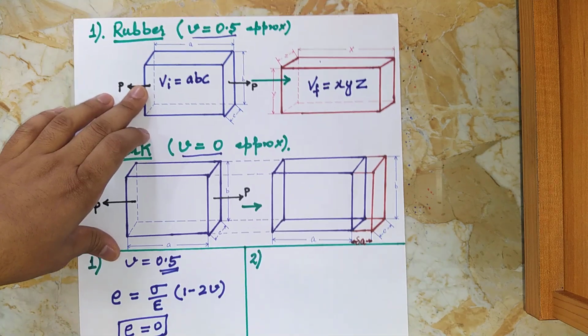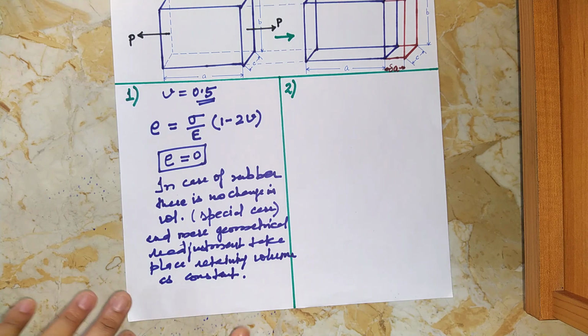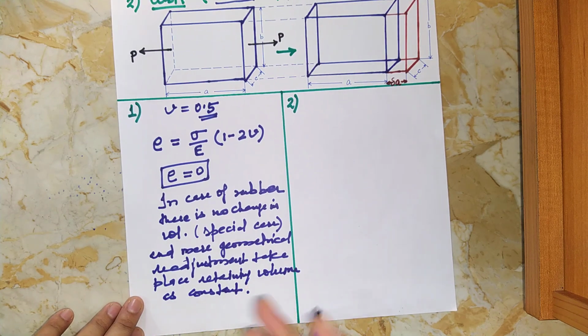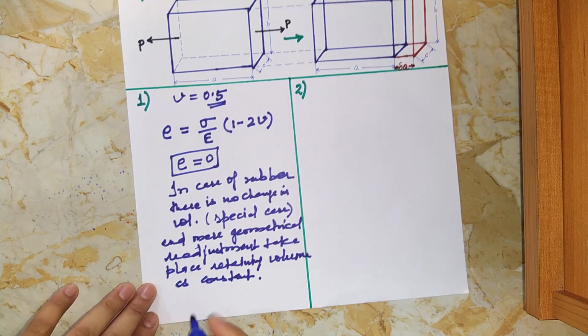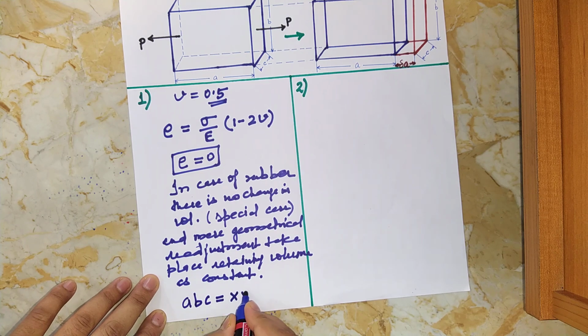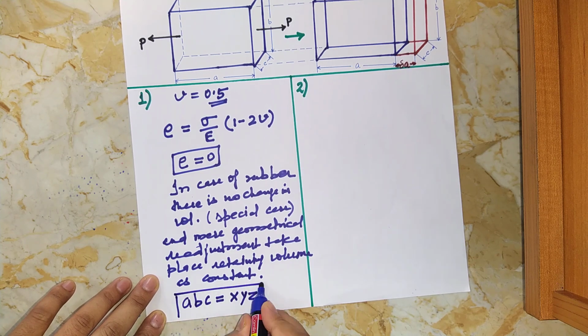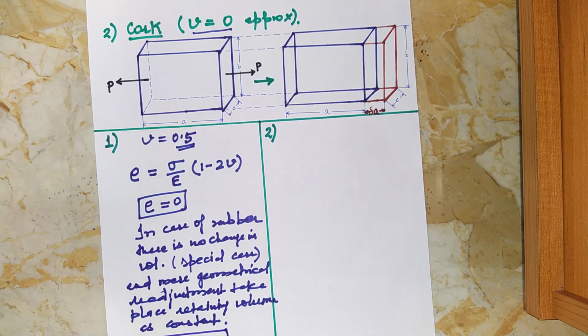So here in case of rubber, as we have studied, there is no tangible change in volume, and only dimension geometrical readjustment takes place, retaining the same value. Here ABC will be equal to XYZ. So this is a special case where Poisson's ratio is 0.5.